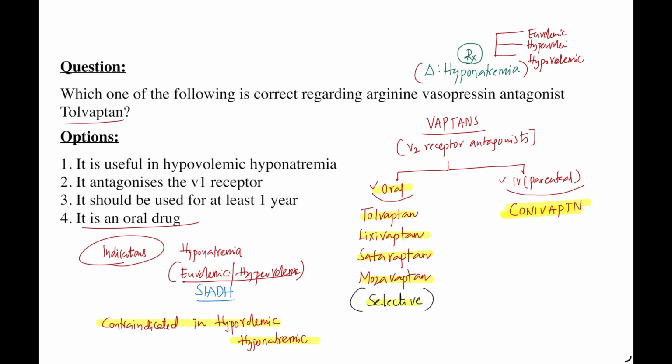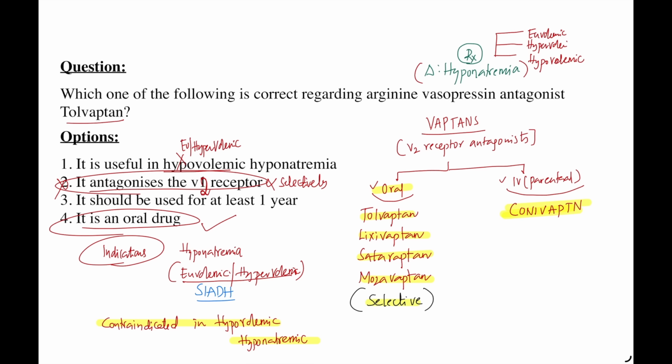Tolvaptan is an oral drug. It antagonizes the V1 receptor selectively? Sorry, this statement is wrong because it antagonizes the V2 receptor. Next, it is useful in hypovolemic? No, it is useful in euvolemic or hypervolemic.